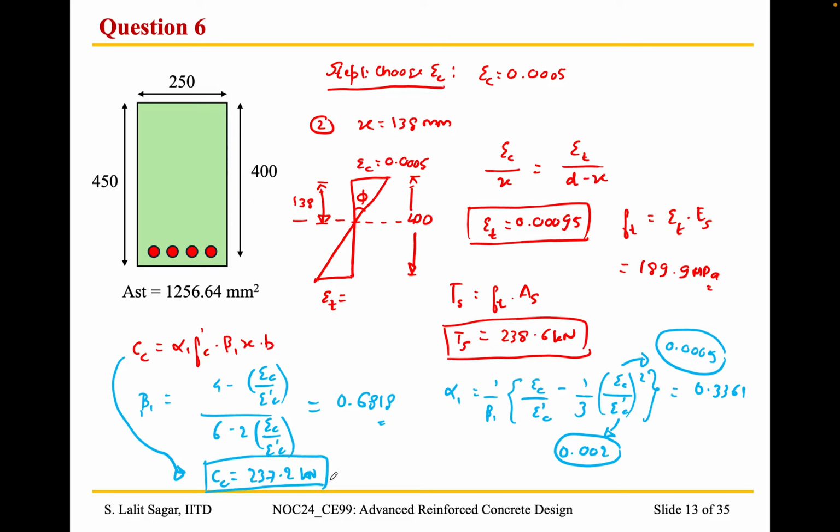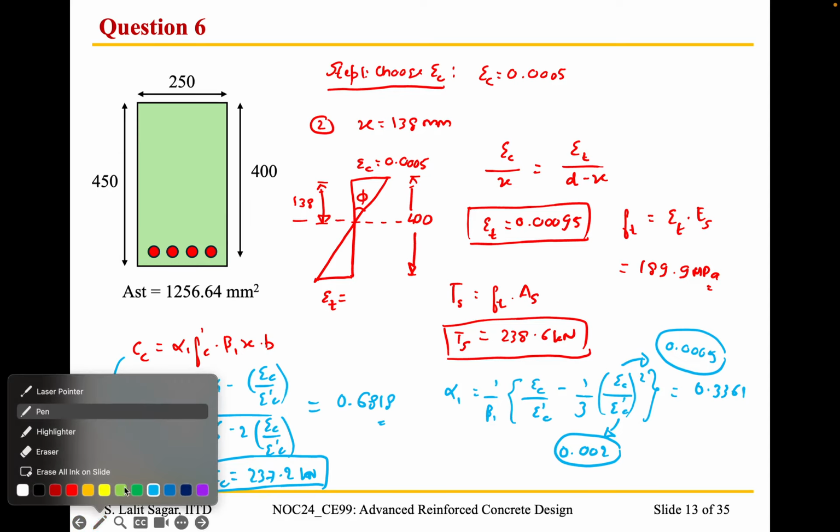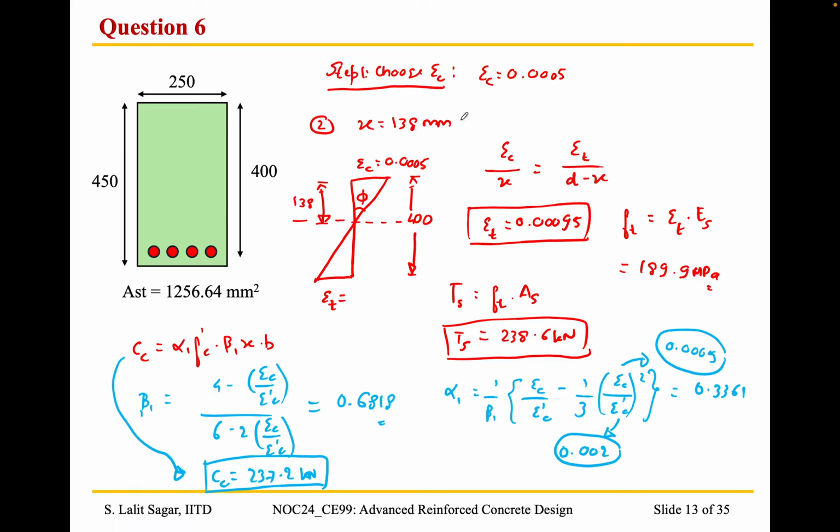Okay, so after this we need to find out the value of M and phi. Excuse me, I need to accommodate everything here, so I'm going to find out the value of M and phi in this particular corner of the slide.